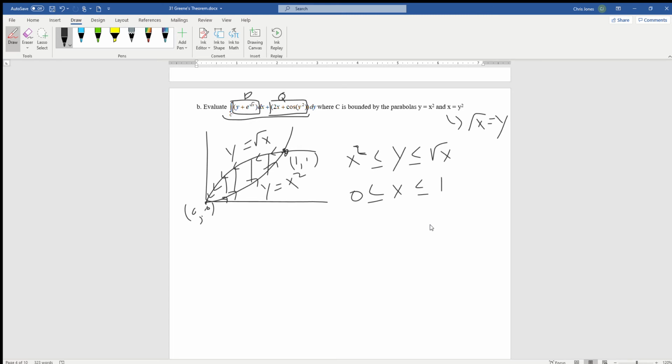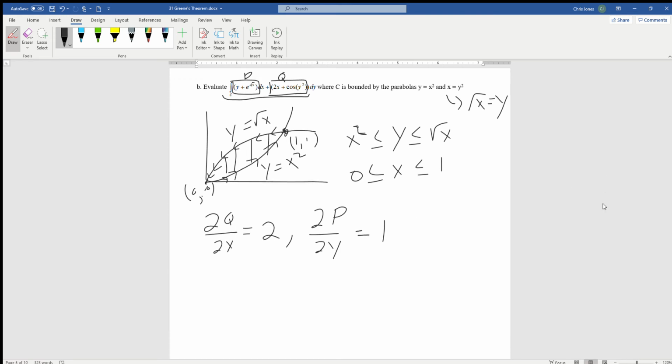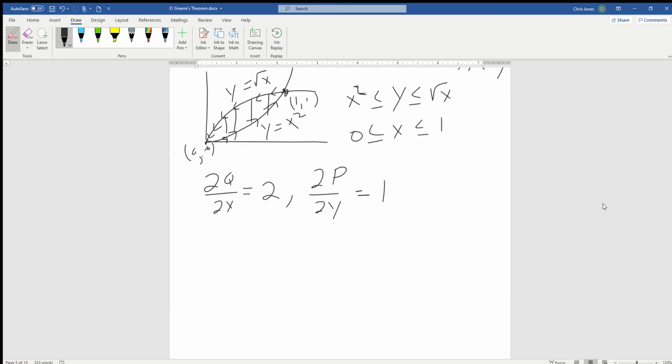So the partial of Q with respect to x: the derivative of 2x is 2, and the derivative of cos y squared is 0. The partial of P with respect to y is going to be 1. Green's theorem says we just subtract the two and then set it up as a type 1 or type 2 region.